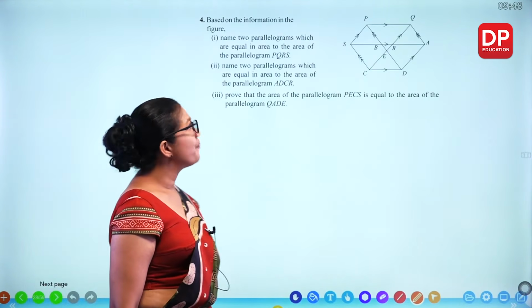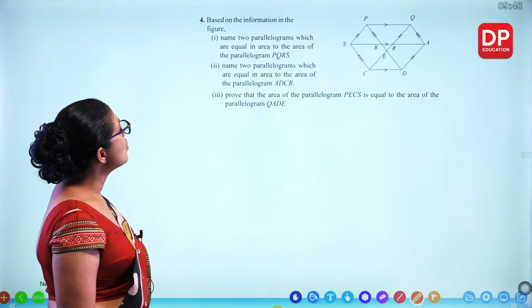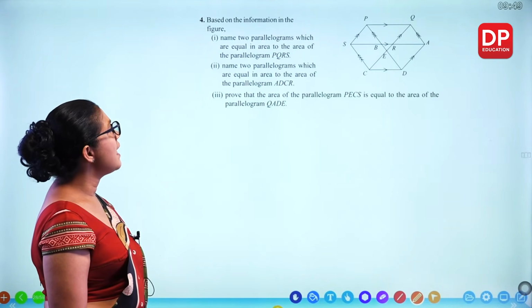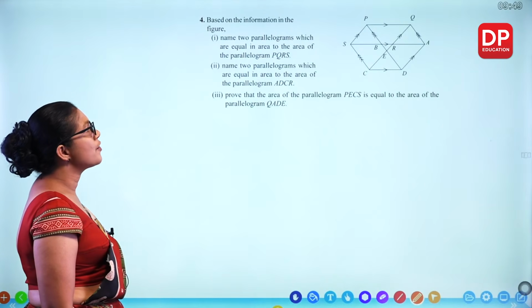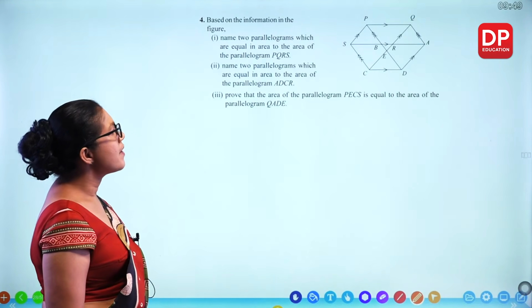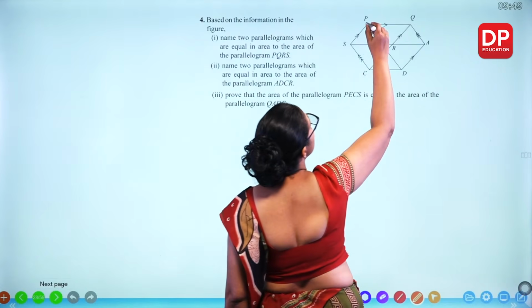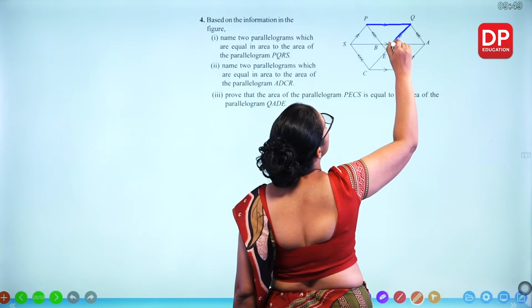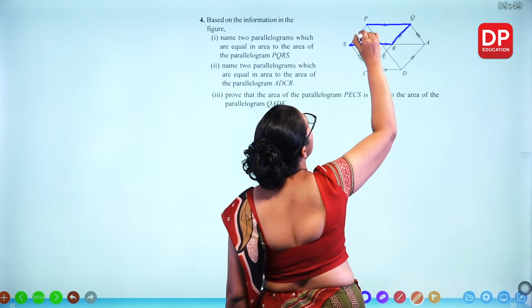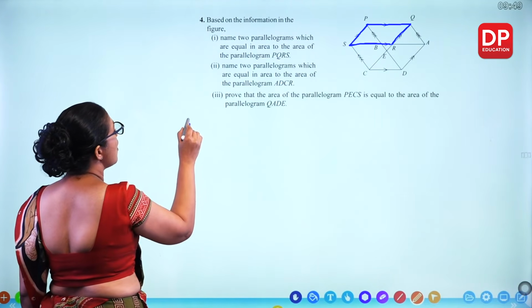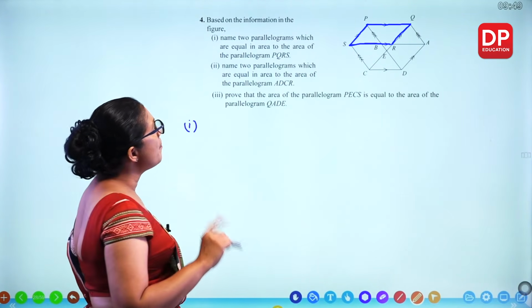Question number 4. Based on the information in the figure, name two parallelograms which are equal in area to the area of the parallelogram PQRS. Where's PQRS? Here, this is the parallelogram given. So you are asked to write down two parallelograms.